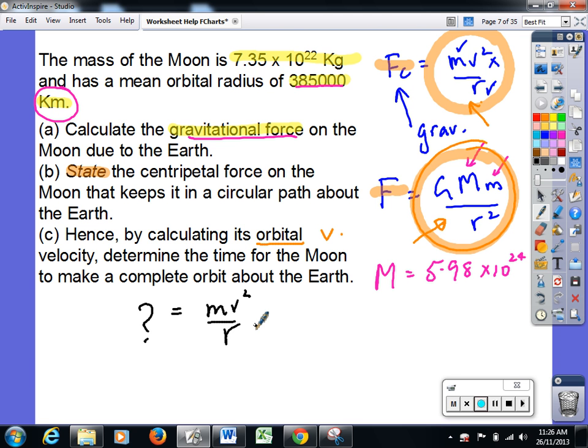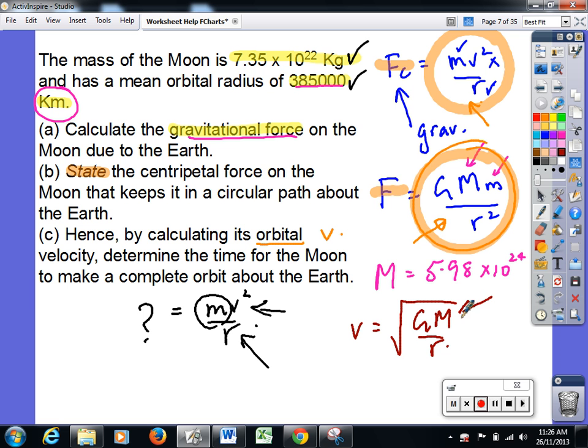Remember the little m here is the mass of the object which is in motion, so that would be the mass of the moon. R would be the radial orbit, so it's these two values there and there, and we are solving for v squared. We could use v equals the square root of G capital M on r, where capital M in this case would be the central body of the moon's orbit, which is the Earth, and r would be the radius of the orbit.